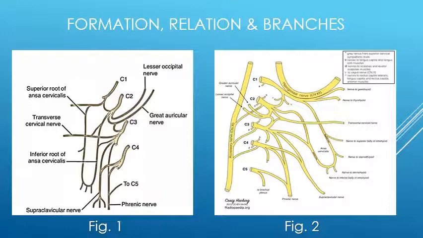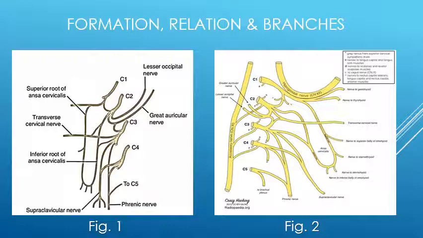Then, as I told you before, it also gives branches to or joins some of the other nerves. These nerves are the cranial nerves 10th, 11th, 12th, meaning vagus, accessory, and hypoglossal. Then the sympathetic gray rami pass to the superior cervical ganglion to the roots of C1 to C4.